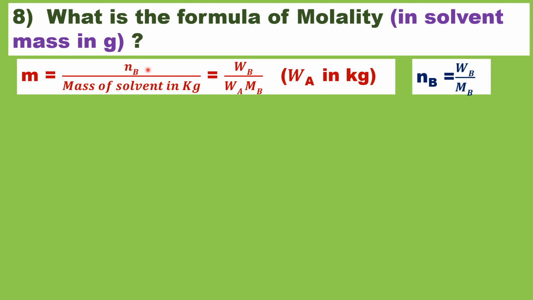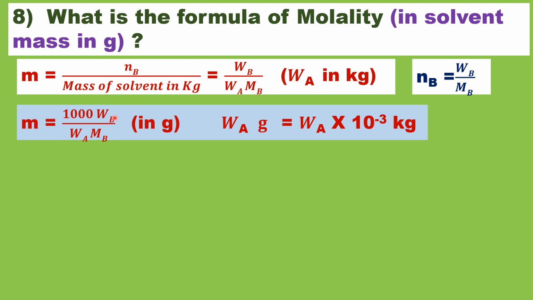Let us substitute here, and weight of solvent WA. So, WB by MB into weight of solvent in kg. So, this is in kg. This formula is used when the solvent weight is given in kg.